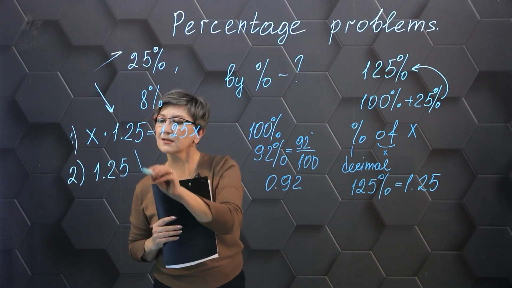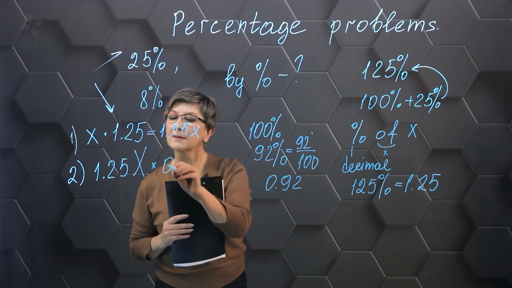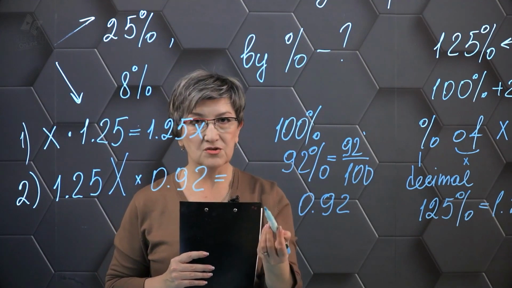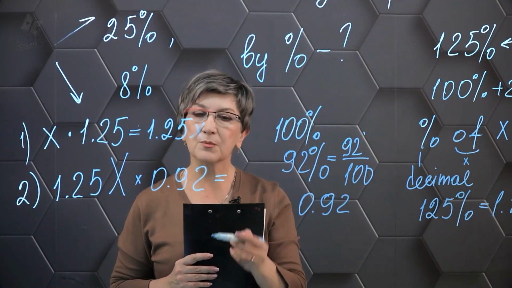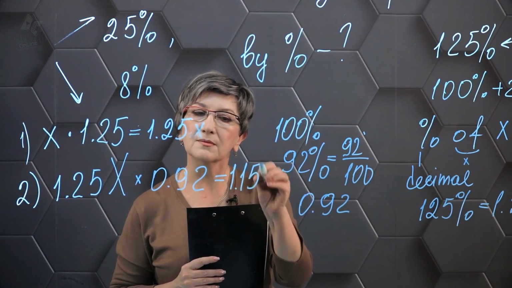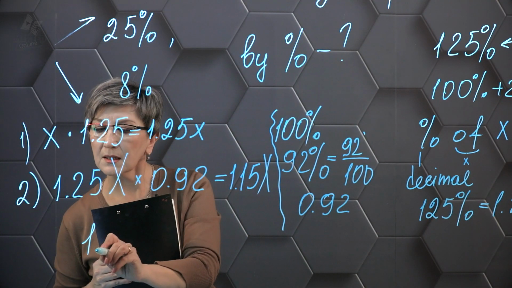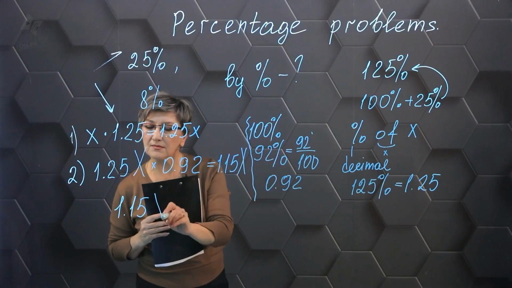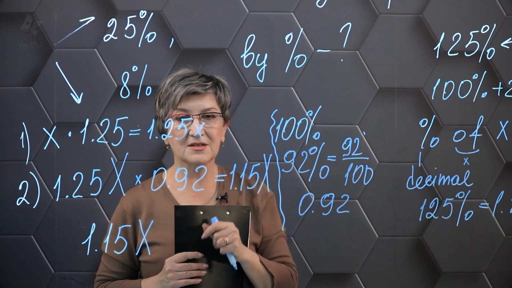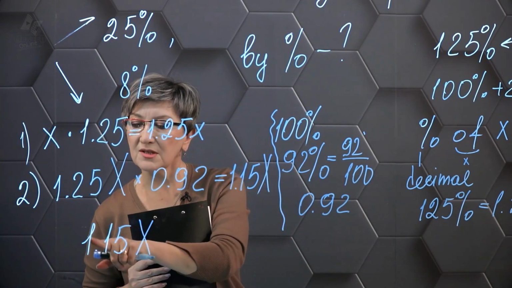As a result, we'll get a new number. It's 1.15x. Our new number is 1.15x. To answer our task's question, let's consider that 1.15x equals 115%.